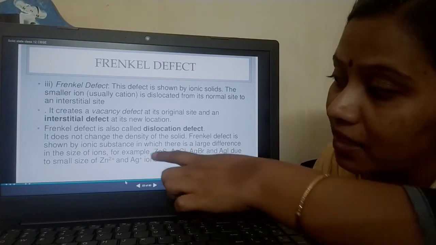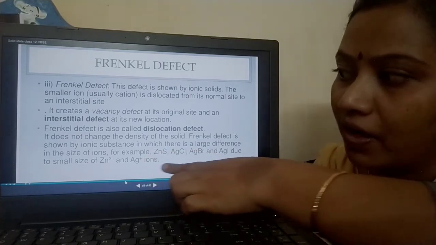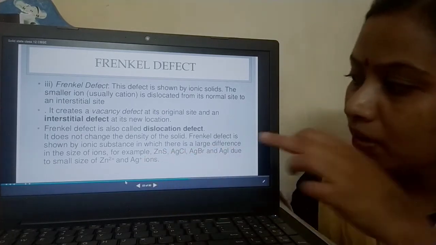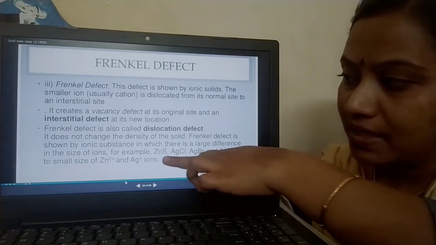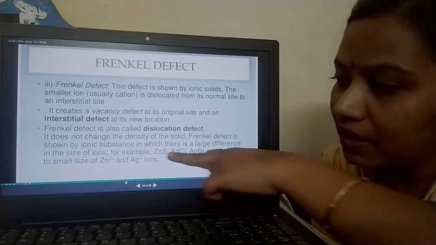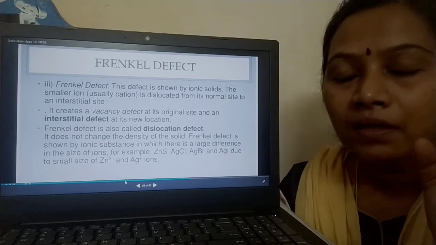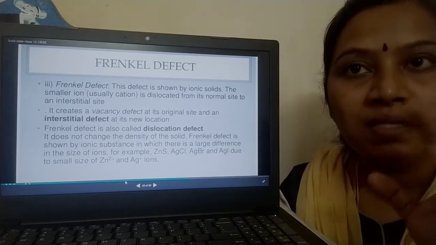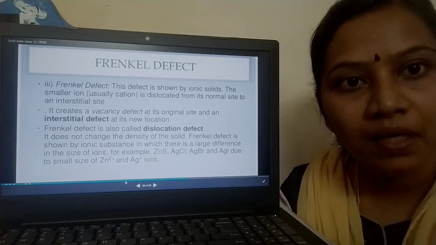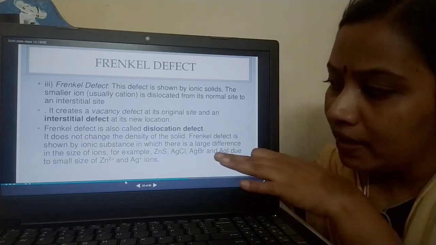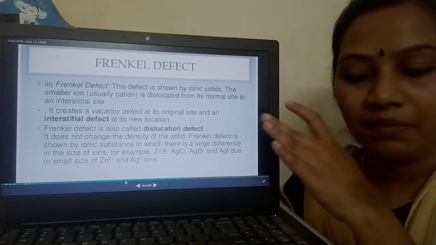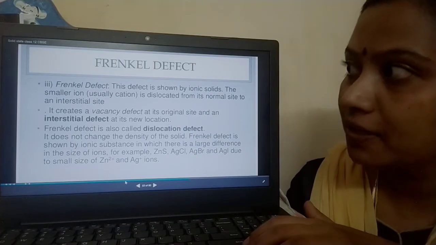Here the sizes of zinc and silver ions are very small when you compare them with the anions like sulfide, chloride and bromide. Since the size difference is very large, that's the reason why these kinds of ionic solids exhibit Frenkel defect.